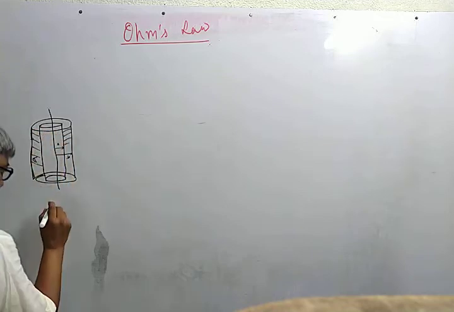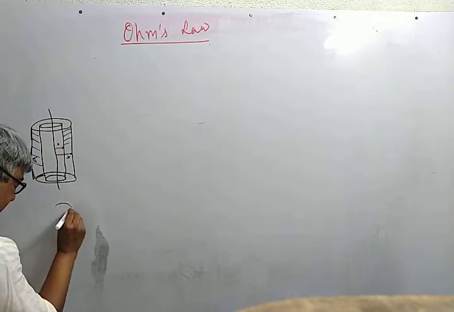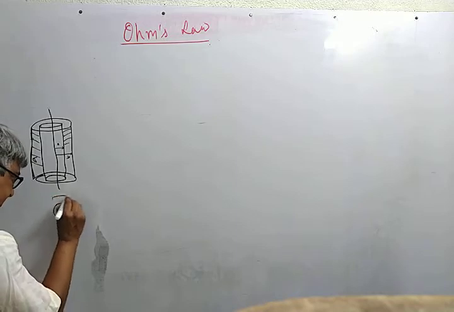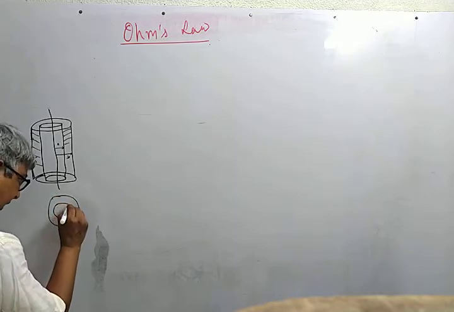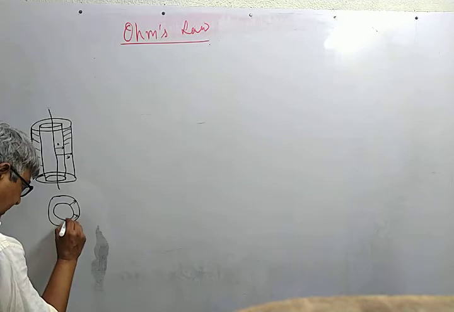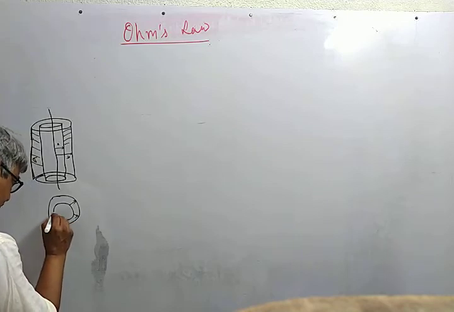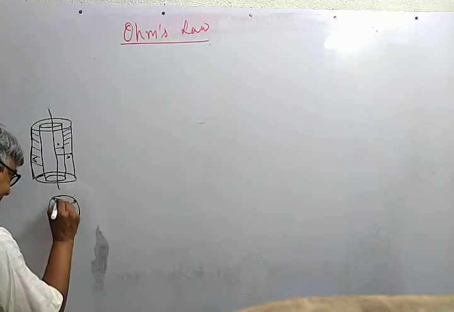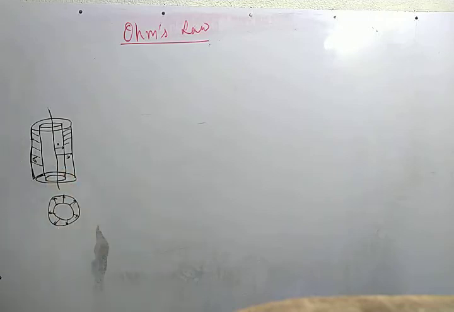So if we take the sectional view, this is the inner cylinder and this is the outer cylinder, and current is flowing radially outward from the inner to the outer cylinder. This is the geometry. This much is A and that much is B.